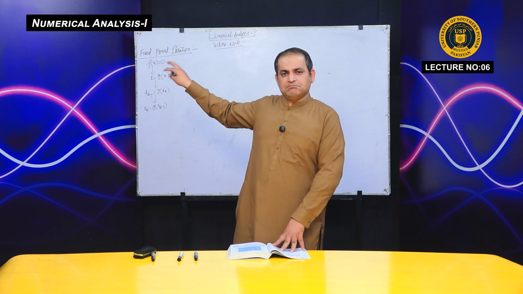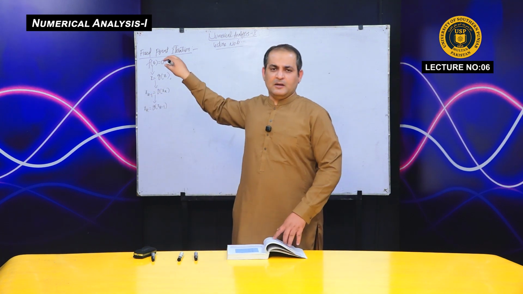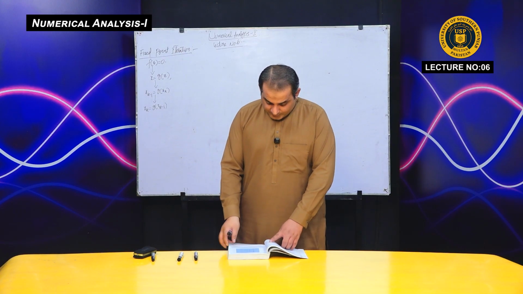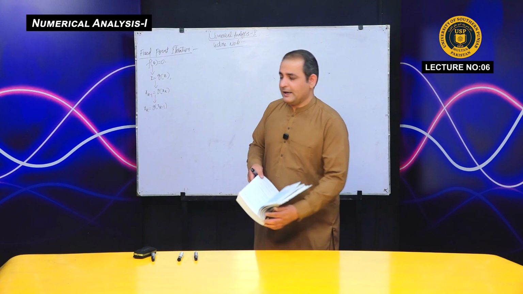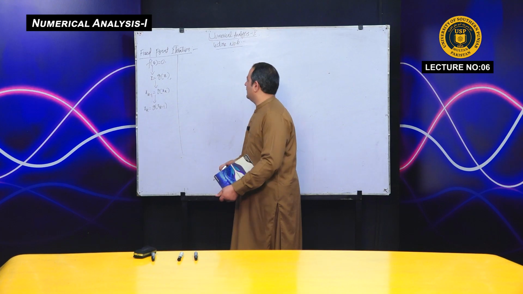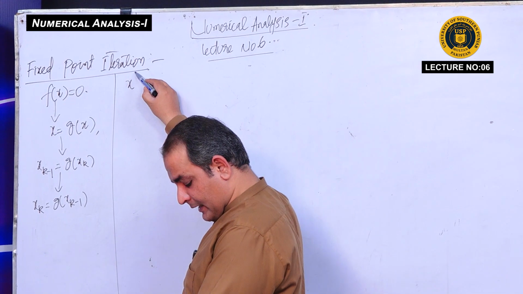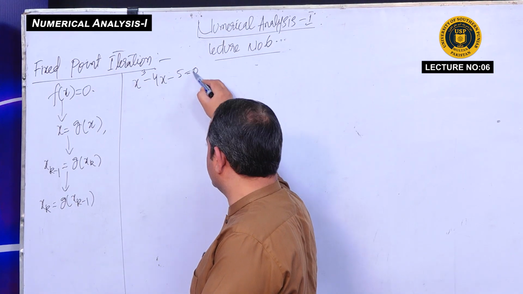Okay, now consider the method. Now you can implement this method on an example which you have solved earlier. You have the equation, let's say f of x equals x cube minus 4x minus 5 equal to 0.